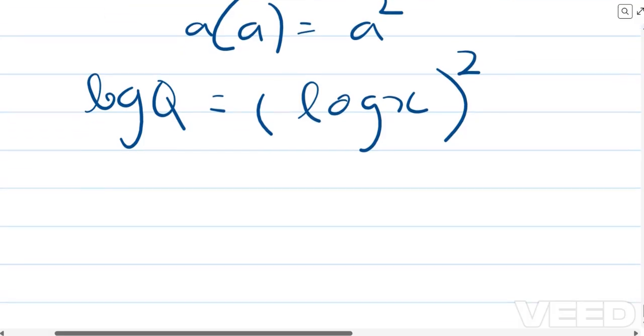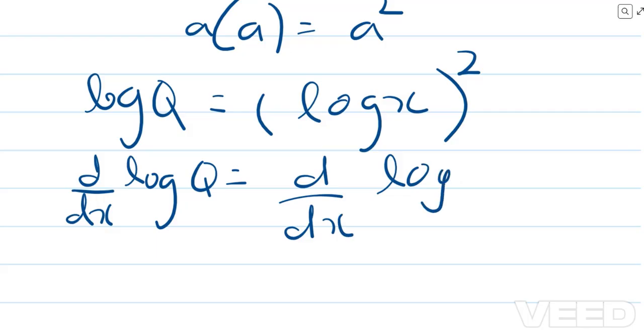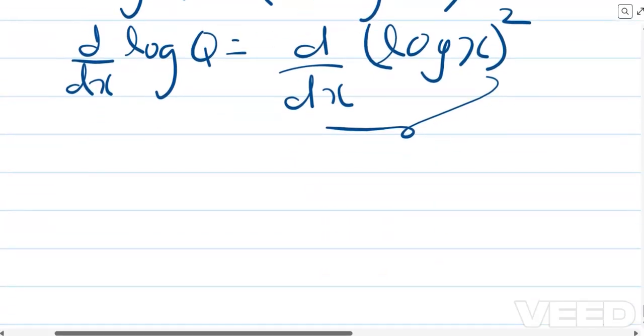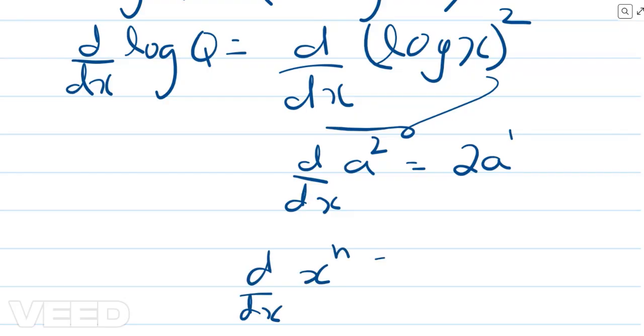Now we're going to differentiate both sides. We get d by dx of log q, then d by dx of (log x) squared. In this case, we have to simplify the problem. Let's take log x as, for example, a. When we differentiate a squared, we get 2a to the power 1, as this is the formula for differentiating terms: x to the power n, differentiating this, we get n times x to the power n minus 1.